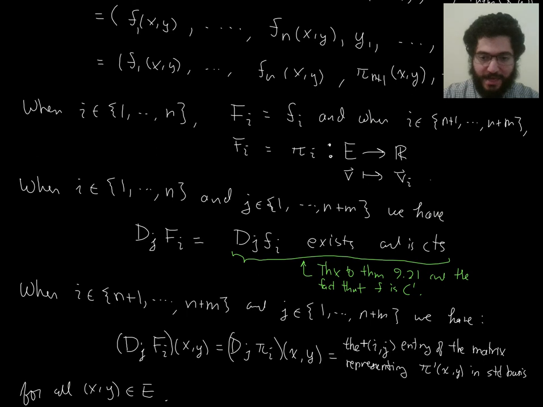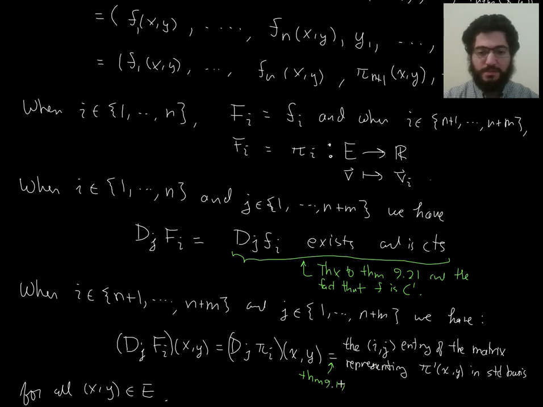It is the ij entry of the matrix representing pi prime at xy in the standard basis. So what do I mean by pi prime? That's not such a good notation to describe what I'm doing, but I just want to show you where it's coming from. So where am I getting this? I'm getting this from Theorem 9.17.